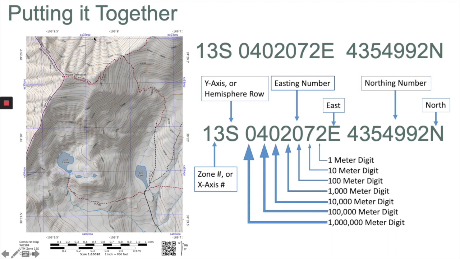Now we need to find our northing. Our northing is going to be 4,354,000. So let's look at this, 4,354,000 right there. Okay, great. That's going to be a really easy way to refer. And now we have 992, so we are almost at 4,355,000.